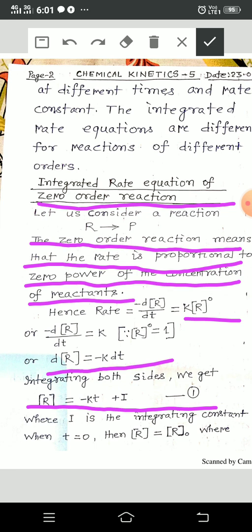According to mathematics, when t is equal to 0, then concentration of R is equal to R naught, that is initial concentration, because at the starting time the concentration of R will become equal to the initial concentration, which is denoted by R naught.